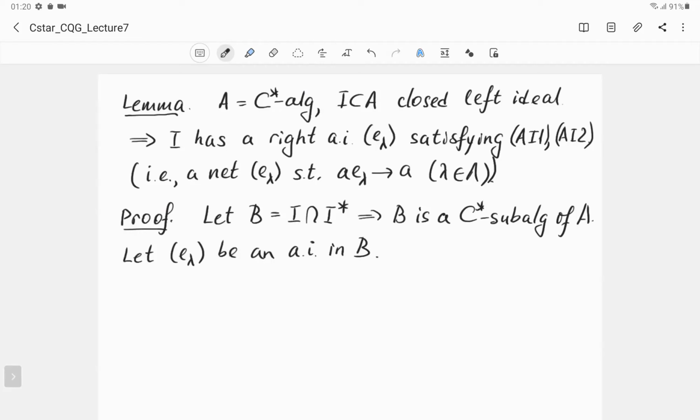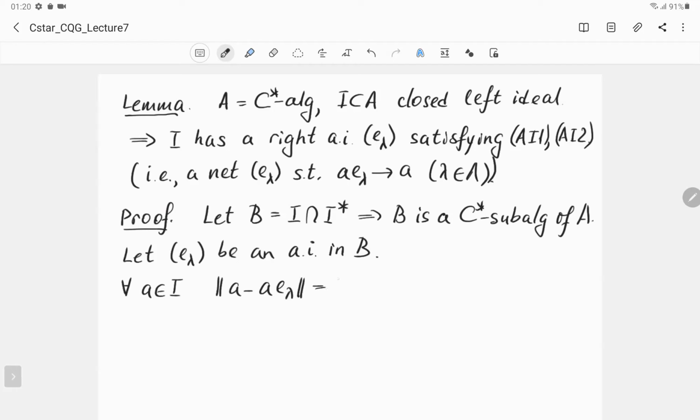Well, indeed, if we take now an arbitrary element a in I, let's calculate the norm of a minus a e_lambda.